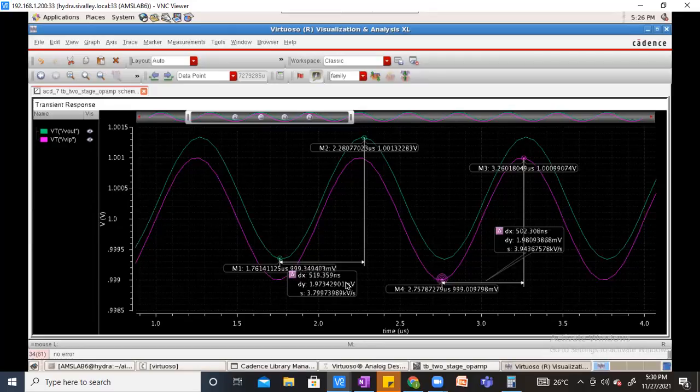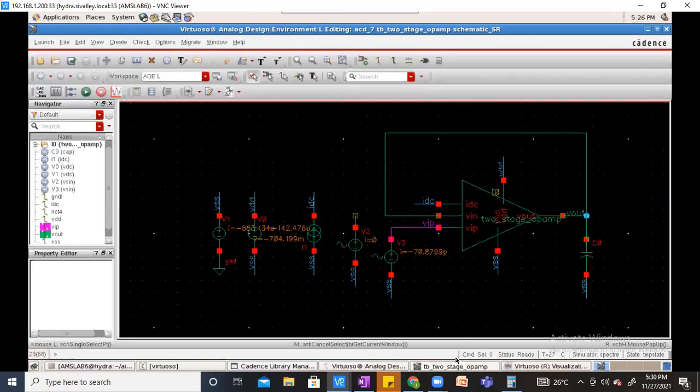Any questions, guys? This is to illustrate transient analysis for a unity gain buffer. Is this an offset? It's not really an offset, though it's a little offset also, but here the common mode levels are different, input and output common mode.